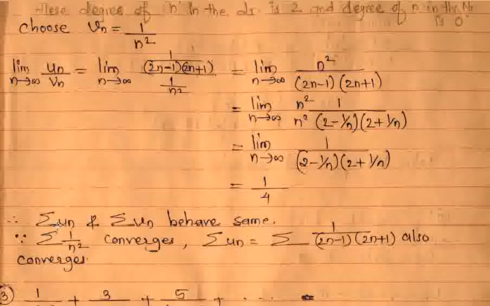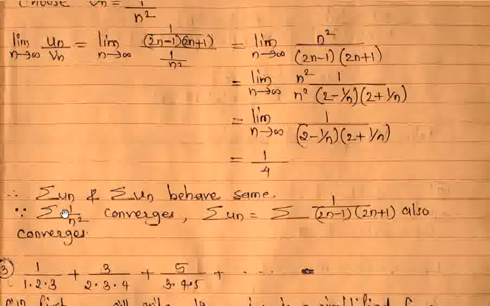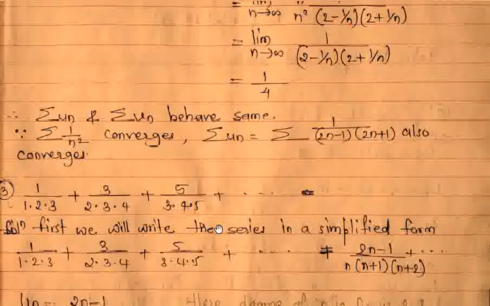So as the sum of un and the sum of vn behave the same, the sum of 1 by n squared converges. So this is vn, vn converges, and the sum of un also converges because they behave the same.